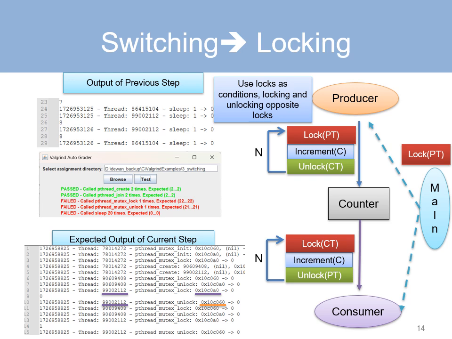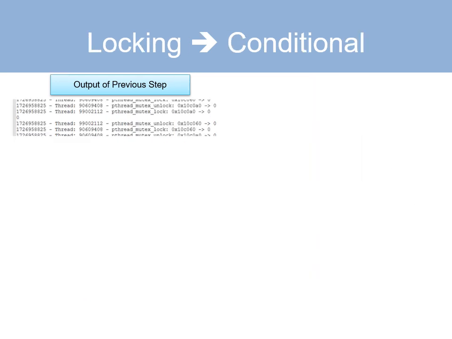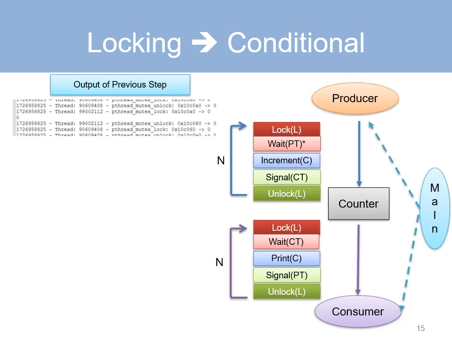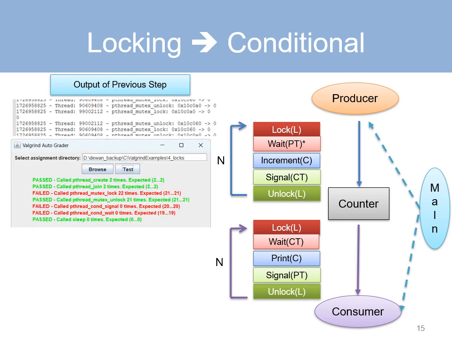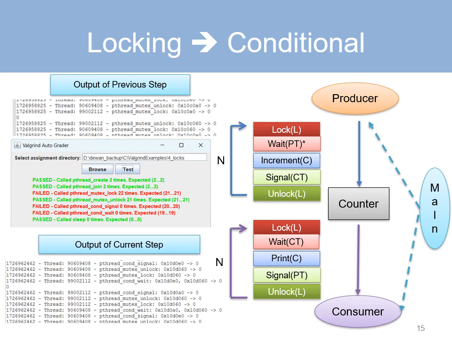And finally, the problem with that version is that it requires exactly one producer and one consumer. So what if you want multiple producers and consumers? Well, now you finally go to the program I started off with, conditions. Again, if you feed the previous program to this, the grader complains, and here you again see in the trace that the right thing is happening.